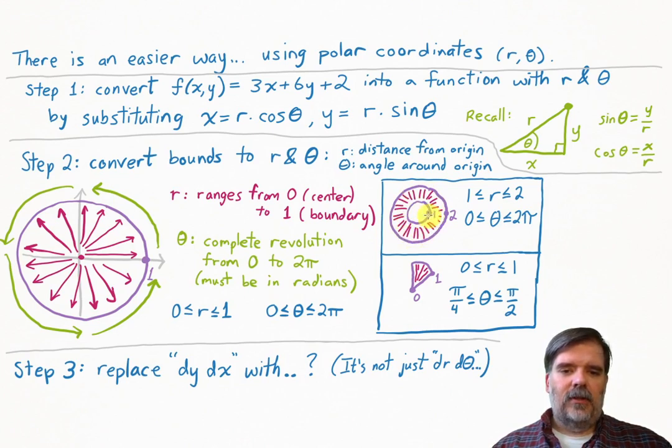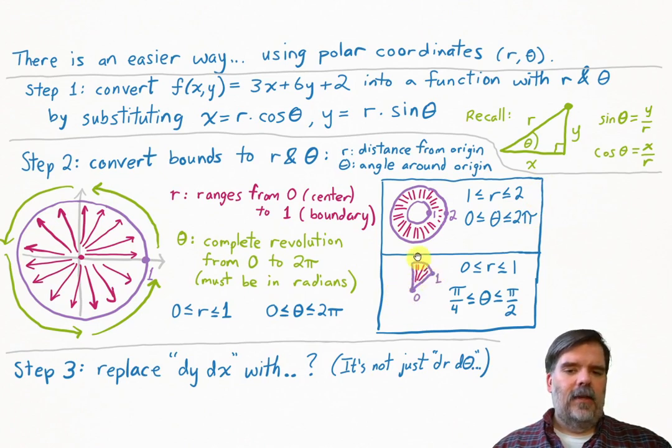The radius r starts at a distance 1 from the origin and continues to a distance 2 from the origin. So from 1 to 2 along every point. And in theta, well, we go all the way around the origin. So theta once again goes from 0 to 2 pi. And so a shape like this, you could also capture with a pretty easy set of inequalities in r and theta.